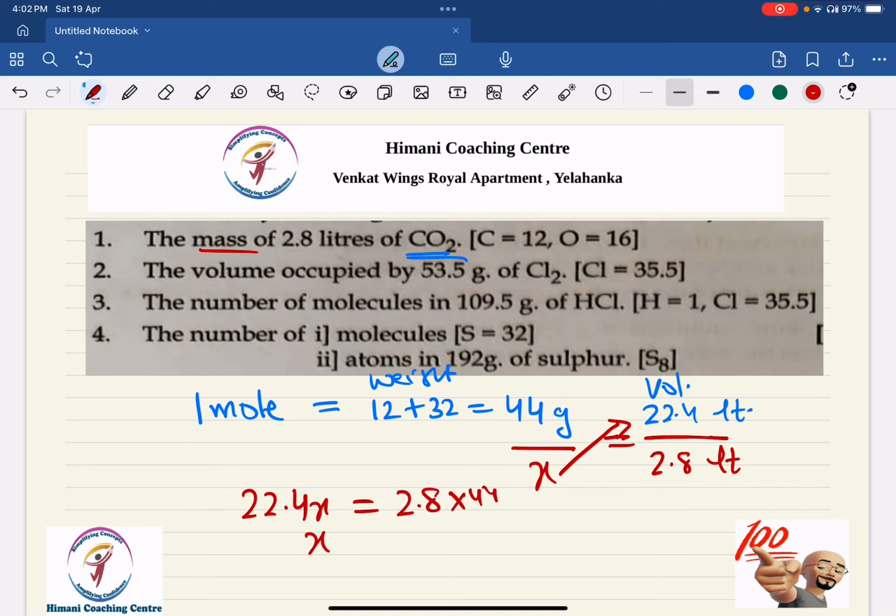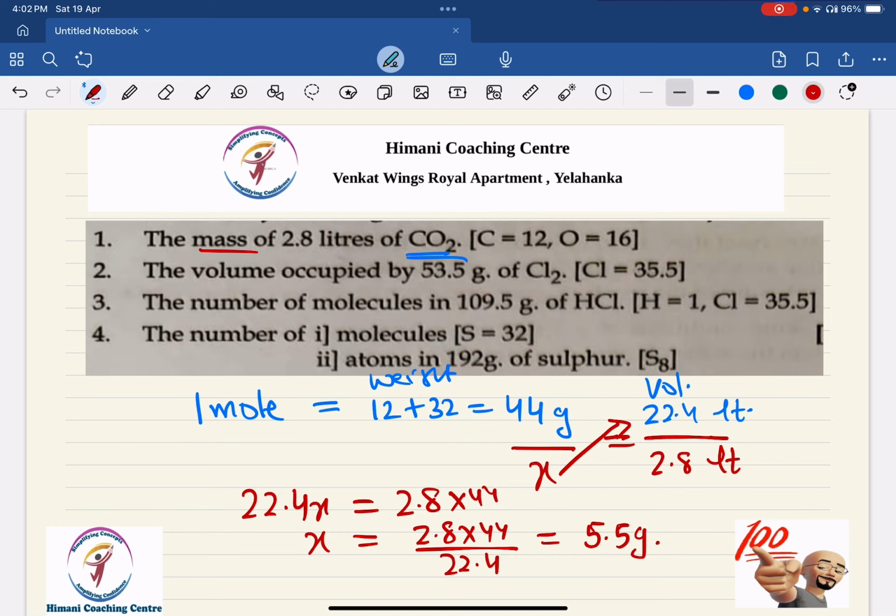So x, which is the mass of 2.8 liters of carbon dioxide, should be 2.8 into 44 by 22.4 grams. If you solve this, the answer is going to be 5.5 grams.